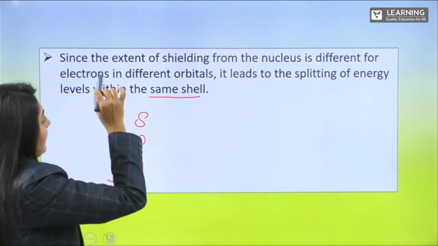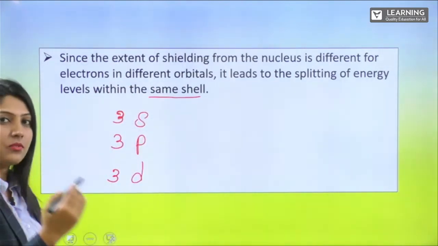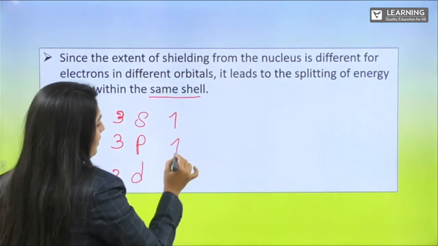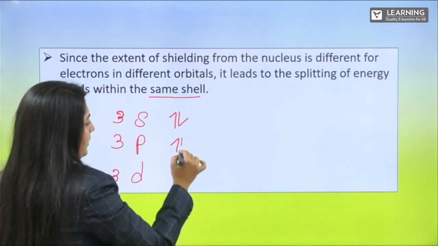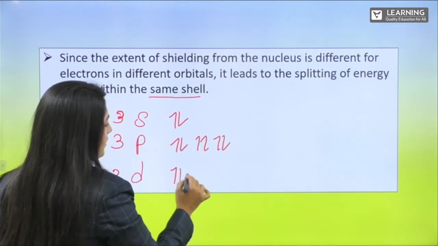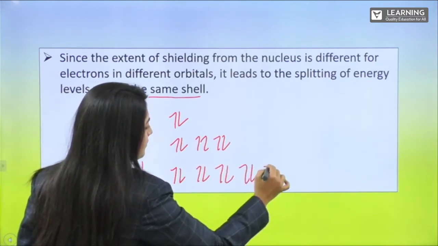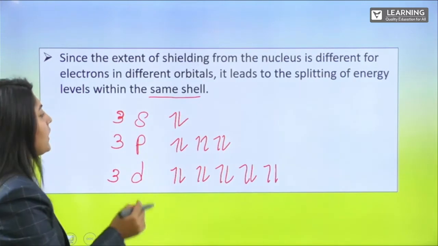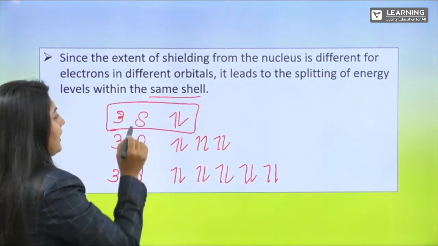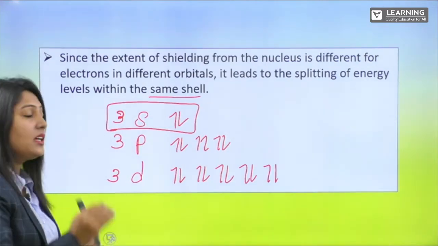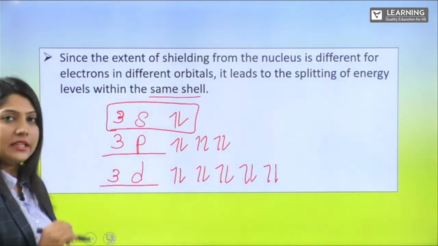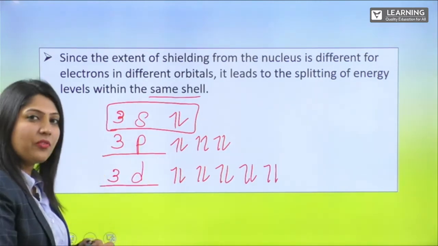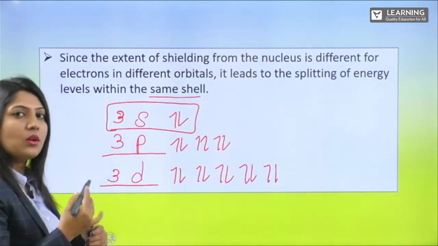Since the extent of shielding is different for electrons in different orbitals, the electrons present in the s orbital, which has 2 electrons, will experience less shielding effect than those of the p orbital and than those of the d orbital.